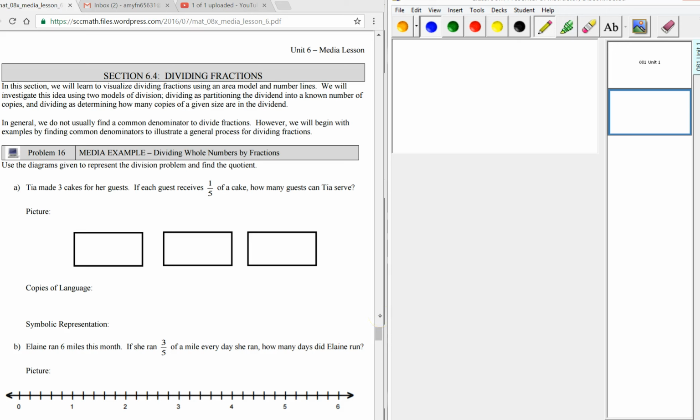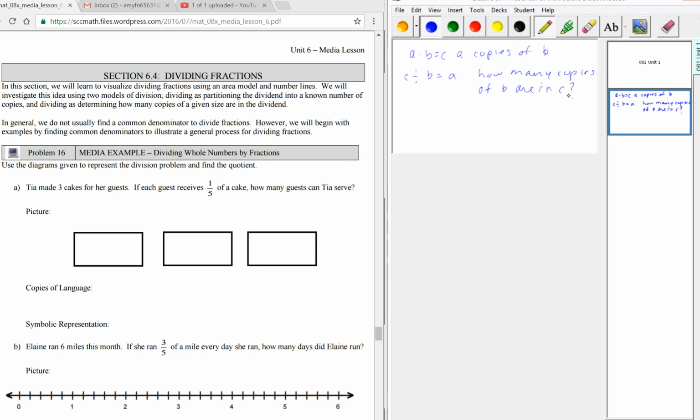So remember, we say A times B is A copies of B. And one way to think of division is, let this equal C. C divided by B equals A. How many copies of B are in C?